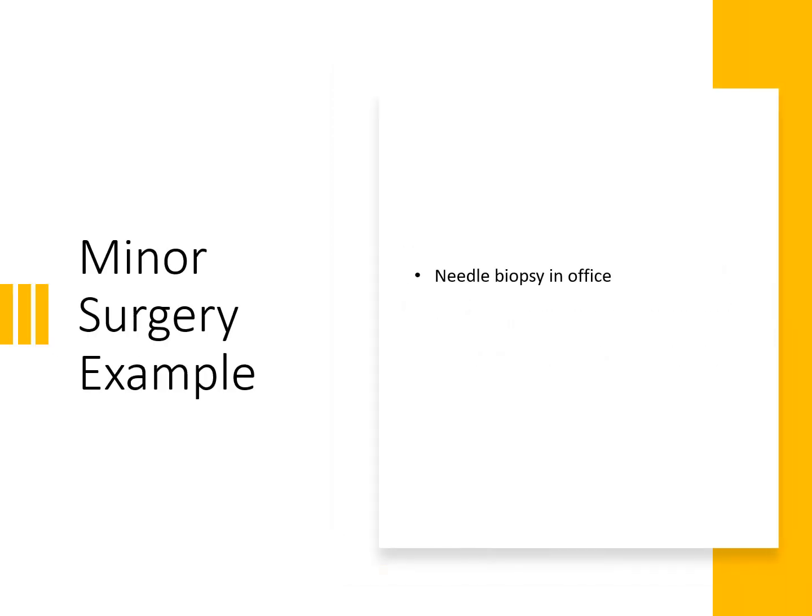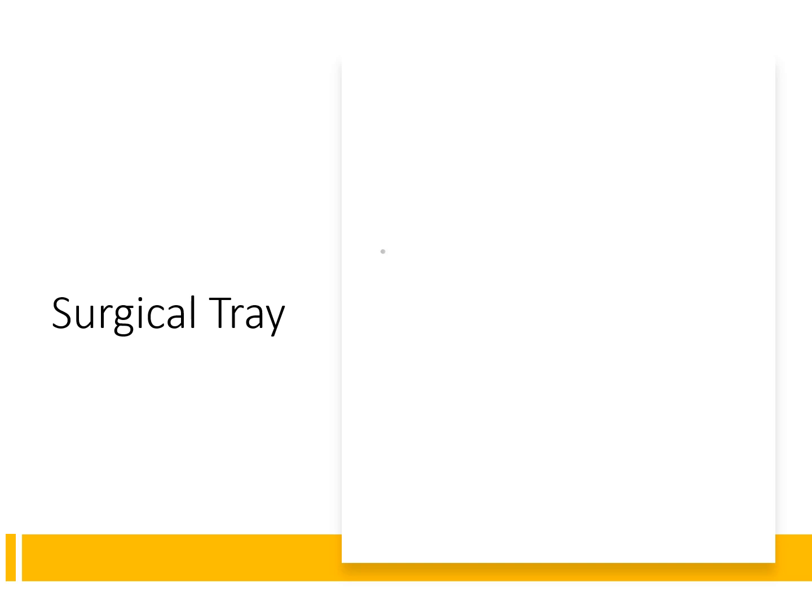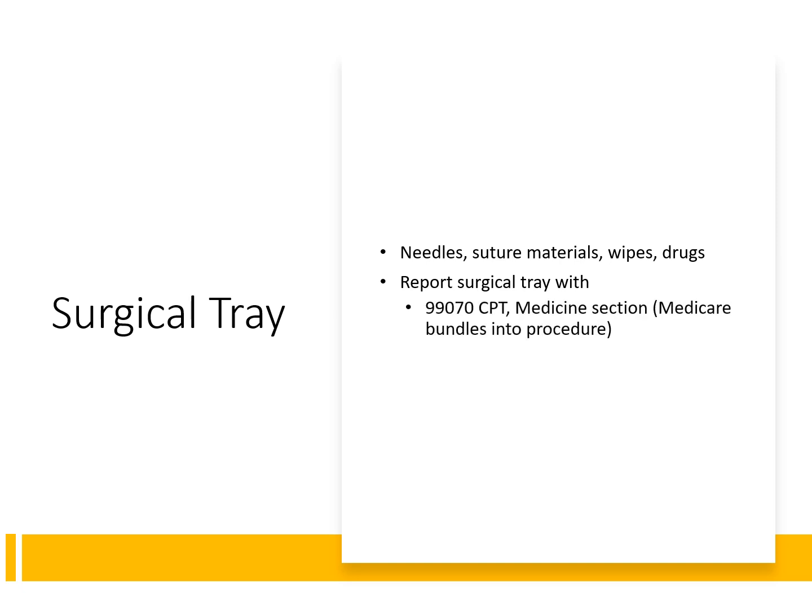A minor surgery example, needle biopsy in the office: report the procedure, the biopsy. The supply surgical tray includes needles, suture materials, wipes, and drugs. You would report the surgical tray with 99070, the CPT medicine section.